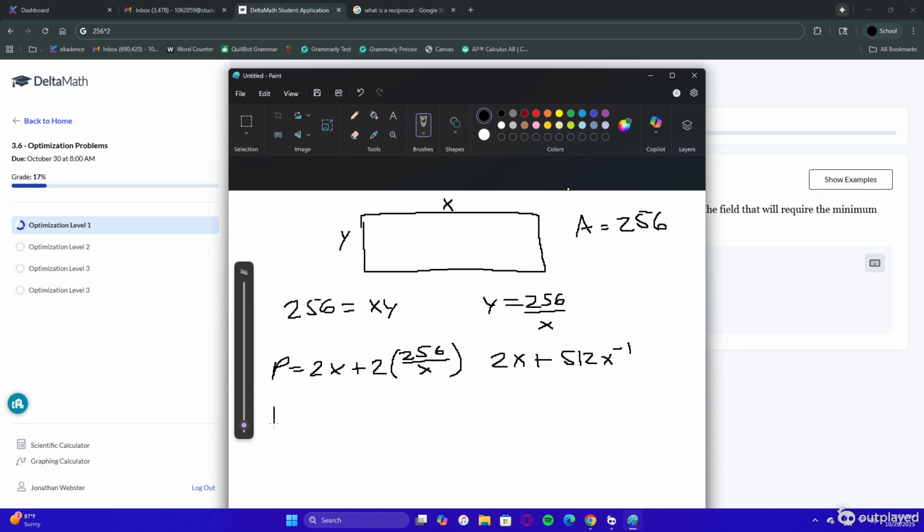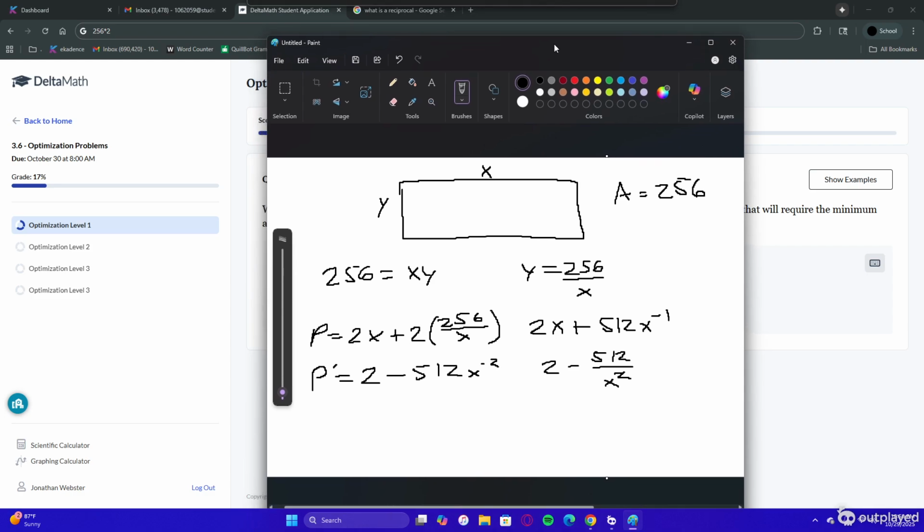And doing the derivative of perimeter, you'd get 2 minus 512 x to the negative 2, or 2 minus 512 over x squared.